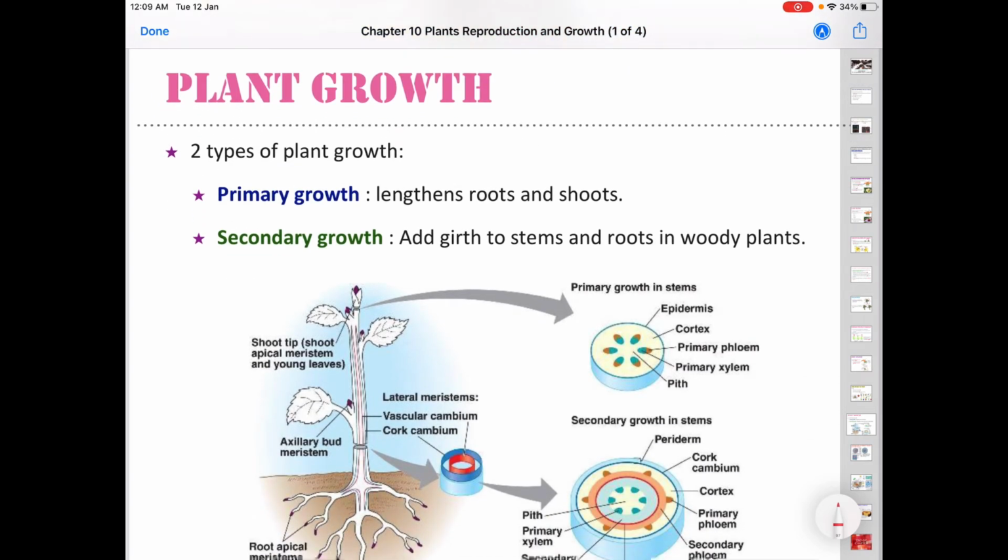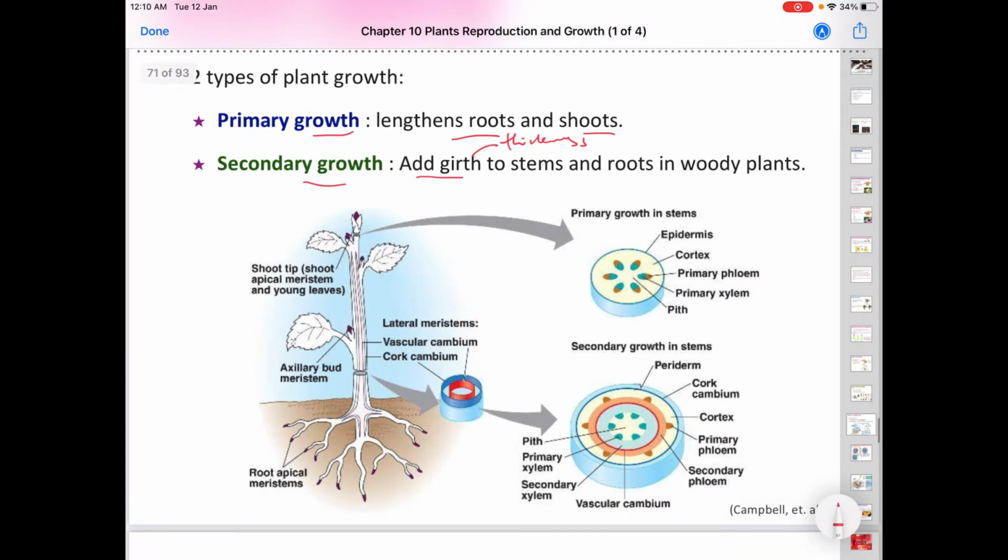Now we go into plant growth. There are two types of plant growth, primary growth and secondary growth. Primary growth involves the lengthening of roots and shoots. Secondary growth involves adding girth to stems and roots in woody plants. Adding girth means the plant increases in thickness or diameter. So this is the structure of a plant.